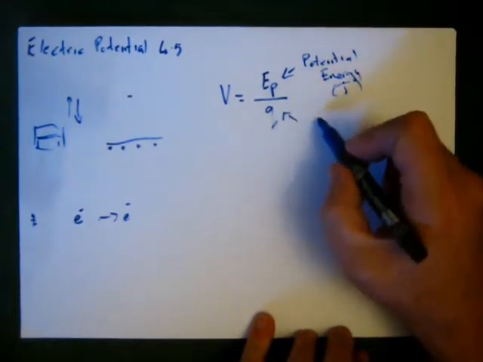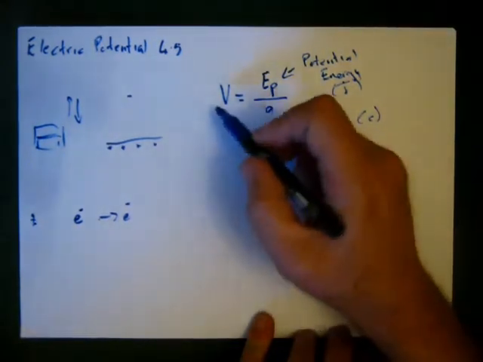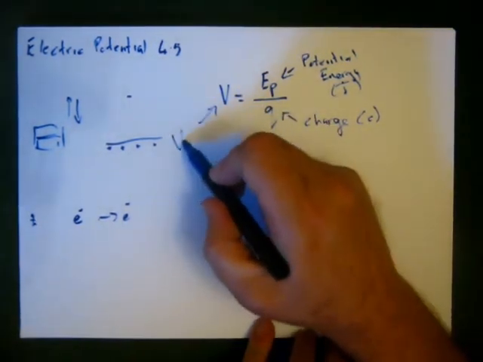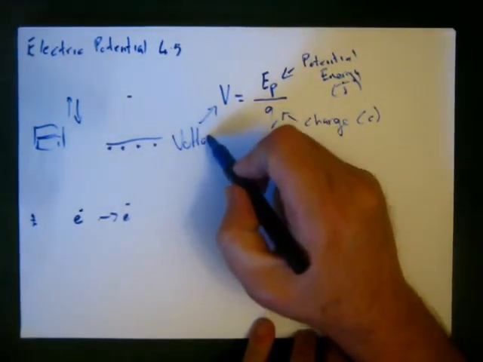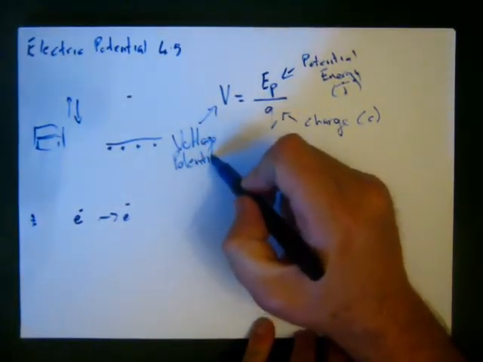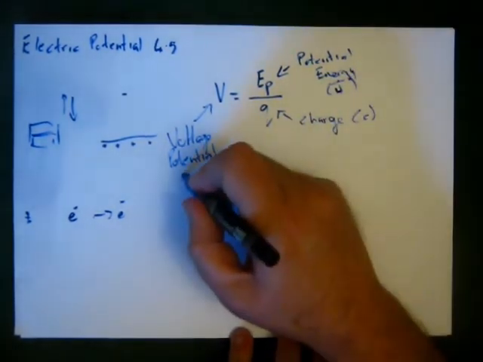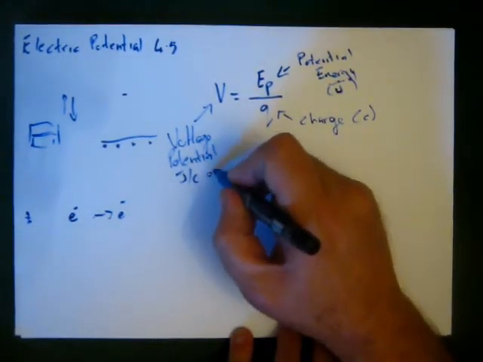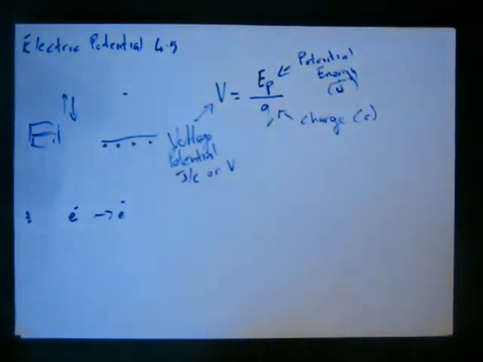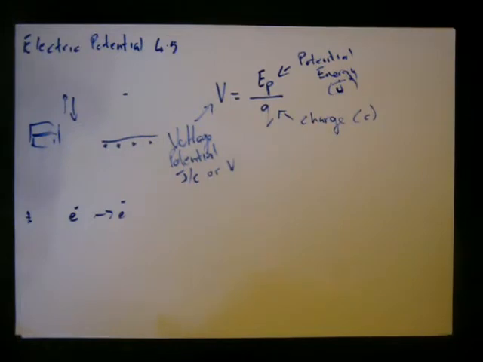This is charge, in coulombs. And the unit for this is joules per coulomb, or volts, after the Italian physicist Volta.